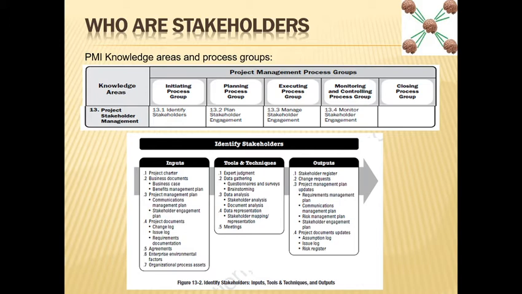At least from the charter you know who is giving you the charter. That person, the owner of the project, is the first stakeholder. Then if a team is defined, your team is your next stakeholder. Maybe some key stakeholders are also defined in the charter.